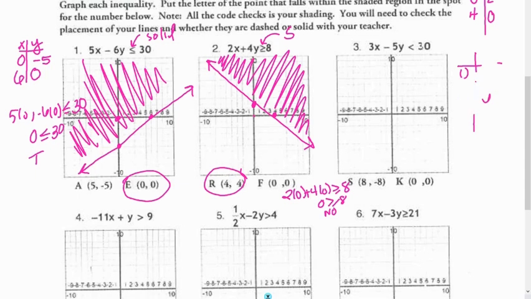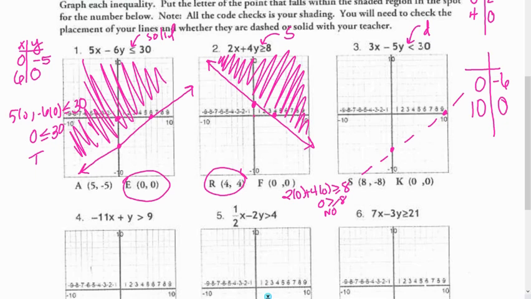If I plug in 0 for x, I get -6, and 0 for y, I get 10. So that makes much more sense. So -6 is, I think, about right there, and 10 is over here. This is going to mean a dashed line.